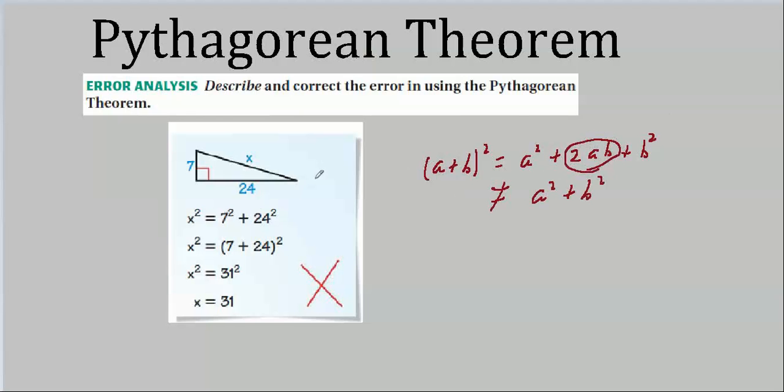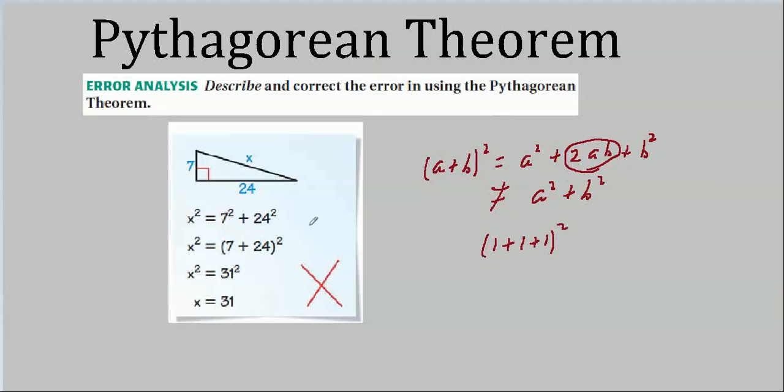You can't square the sum and say that that's the same as squaring the individual components of the sum. That wouldn't make any sense at all. If this were true, think of it this way. 3 is 1 plus 1 plus 1. Suppose you square that.